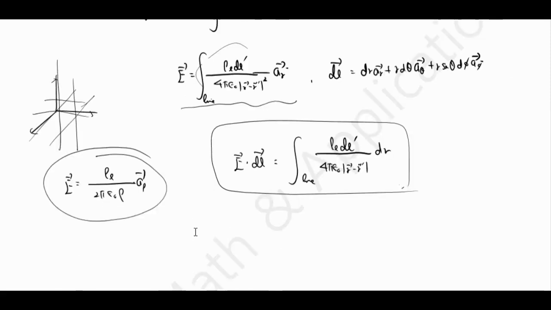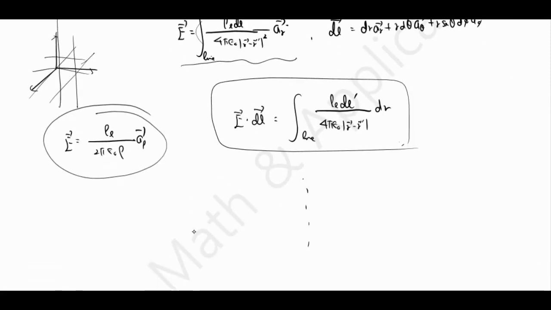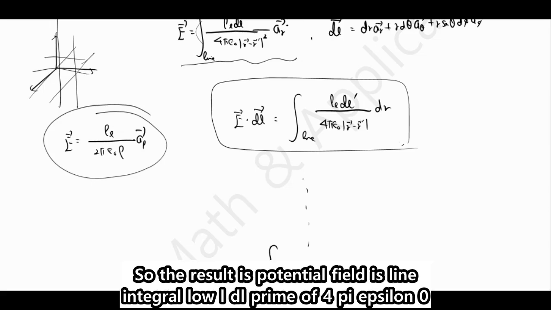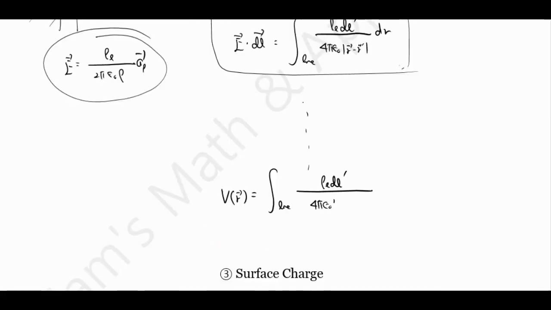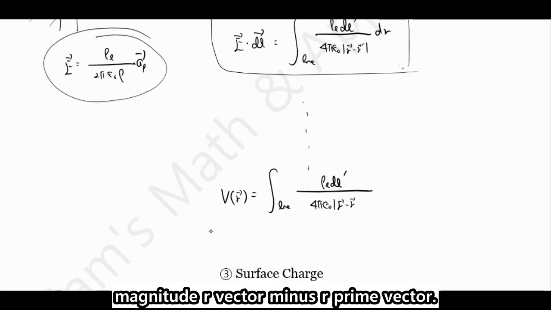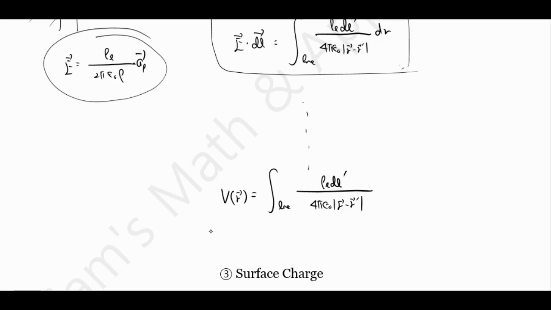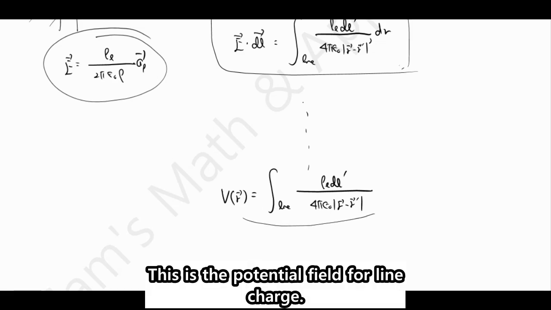So the result is that the potential is the line integral of rho l dl prime over 4 pi epsilon 0 magnitude r vector minus r prime vector. Yes, this is the potential field for line charge.